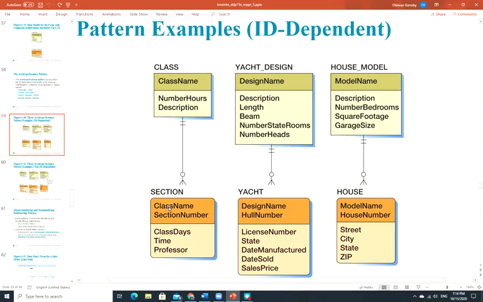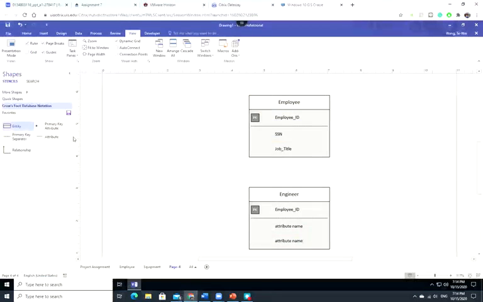Look at the section. When you have this subtype, in addition to the ID or the class name here, you have a section number. So in addition to employee ID here, you might need another primary key, and probably call this engineer.